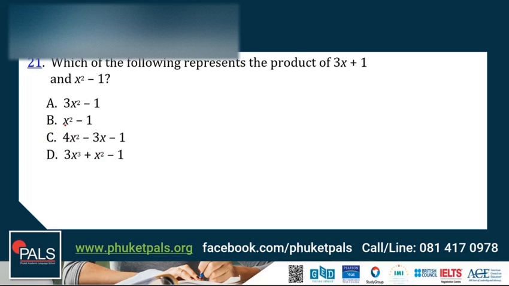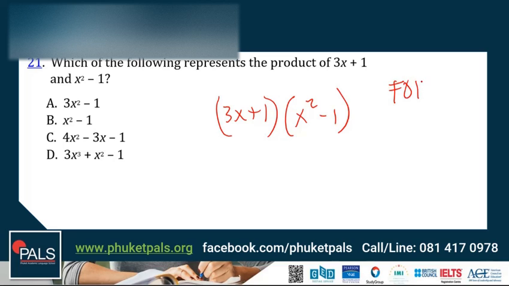21. Which of the following represents the product of 3x plus 1 and x squared minus 1? Product means multiplication. Let us use the FOIL method. 3x times x squared, that's the first terms, we've got 3x cubed.